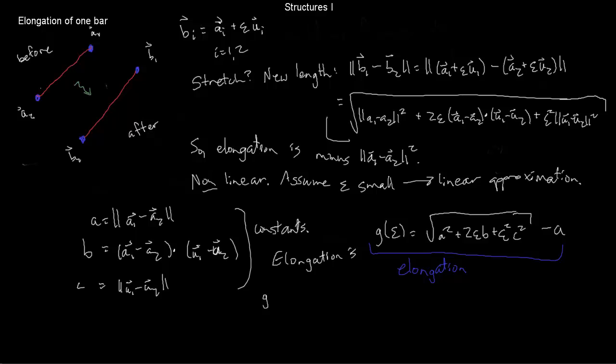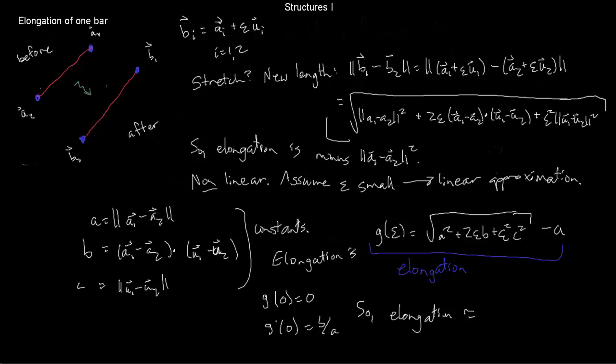I'm going to take the first order Taylor approximation of this function of epsilon, remembering that a, b, and c are constants. So g of 0 is 0. I can plug that in easily enough and find out. And g prime of 0 is also not hard to compute. It's b over a. So I can use one variable calculus to get an approximation of g near 0.